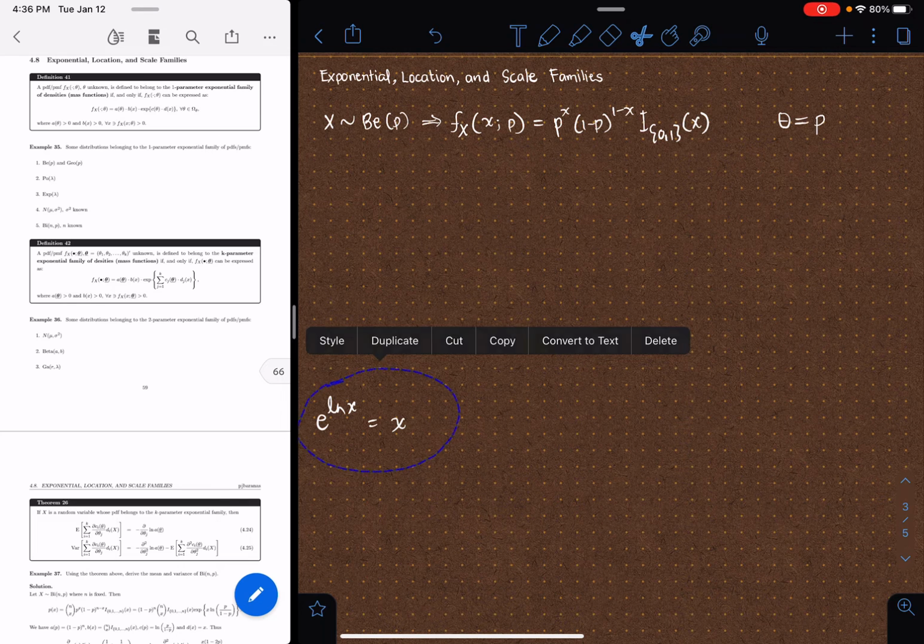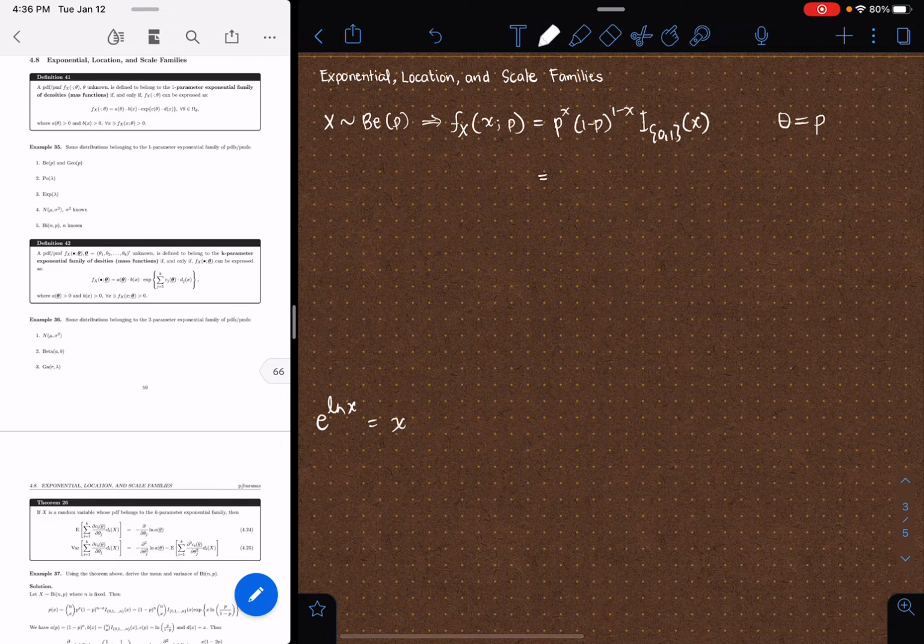So that we can write this one as p to the x, and then we have 1 minus p raised to 1 all over 1 minus p raised to x. So that is just 1 minus p raised to 1 minus x.